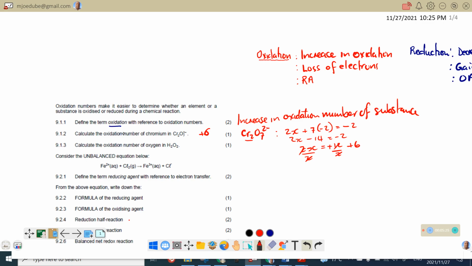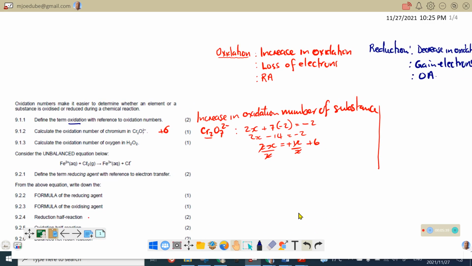And then you're asked to calculate the oxidation number of oxygen in H2O2. The process is the same as you used when you were calculating for the chromium. There's the formula of the substance that I'm looking for.